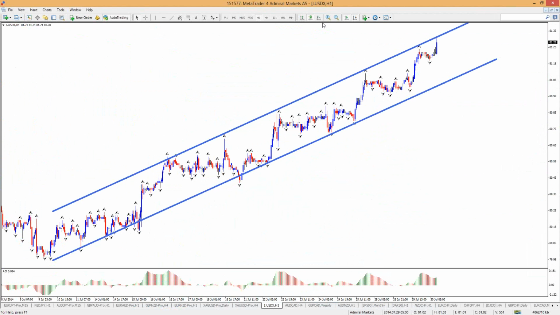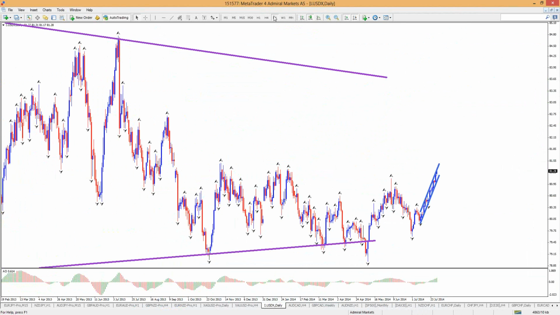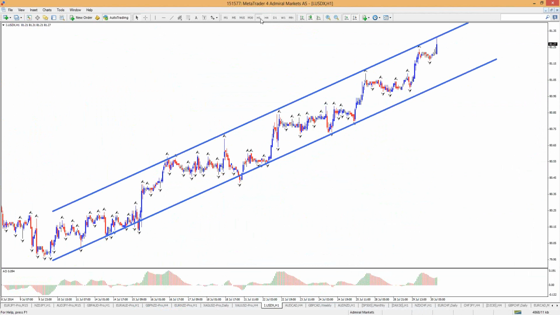Getting close to the top of this uptrend channel. So I'm very curious if this is going to be a major breakout. Time will tell. Without any questions, I guess we will wrap it up for today.